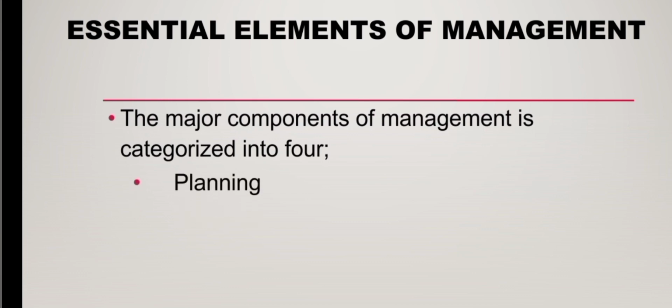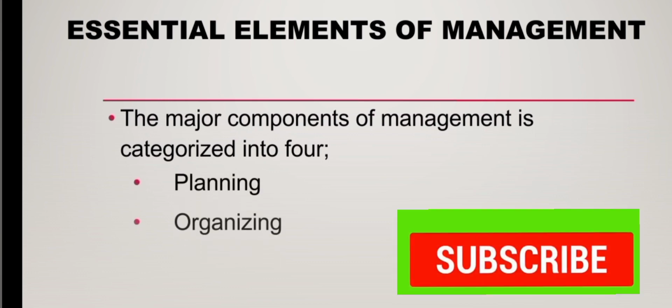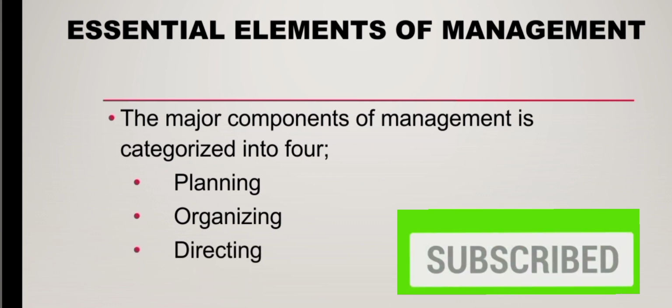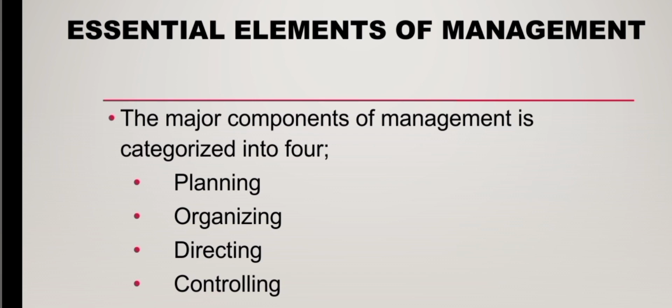The first one is planning, the second is organizing, the third is directing, or in other words, leading, and then the last is controlling. So these are the four major managerial functions. We will talk about them one after the other. So let's start with it.